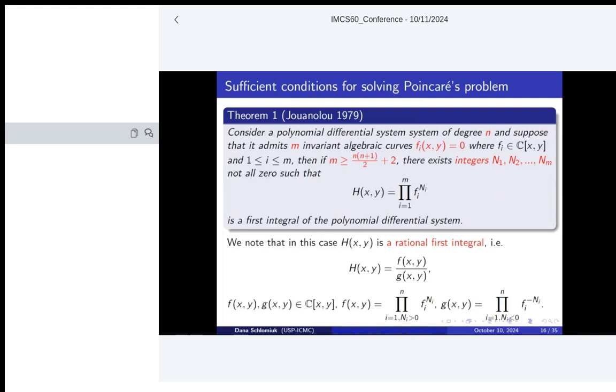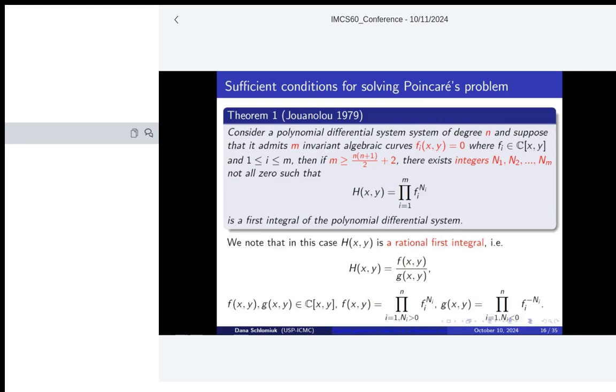Well, in this case, clearly such a first integral is a rational function because we can group the powers with positive integers, call this little f, and the powers with negative integers, taking minus ni, then we have a function g, and so we have a rational first integral.